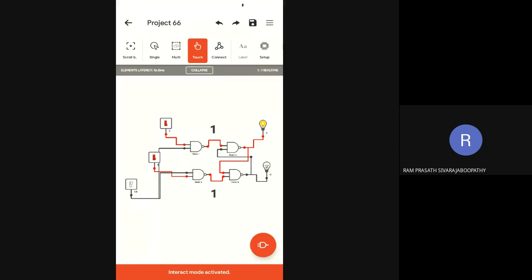That's all, so that's why it is behaving like this. As far as the 1, 1 combination is concerned, no need to worry.